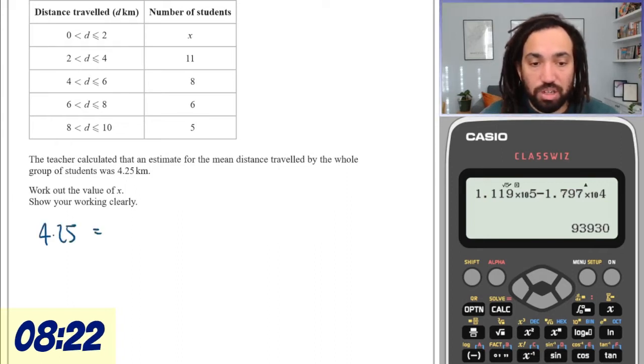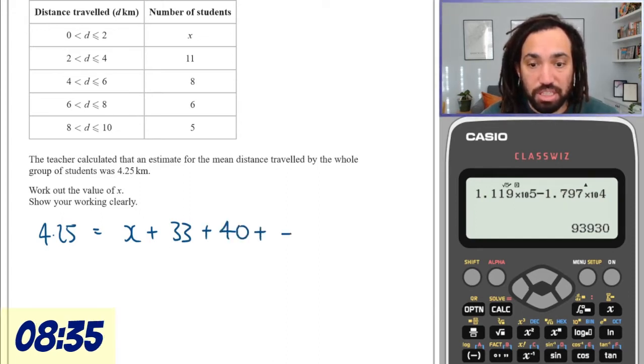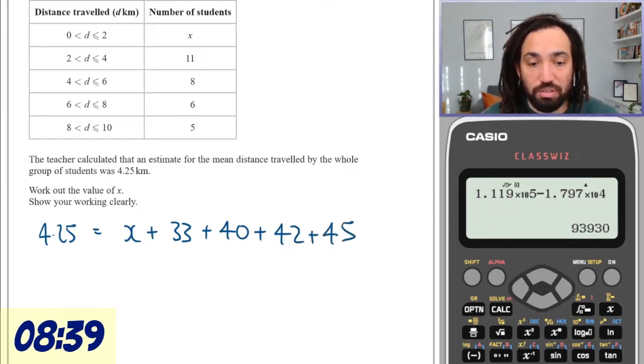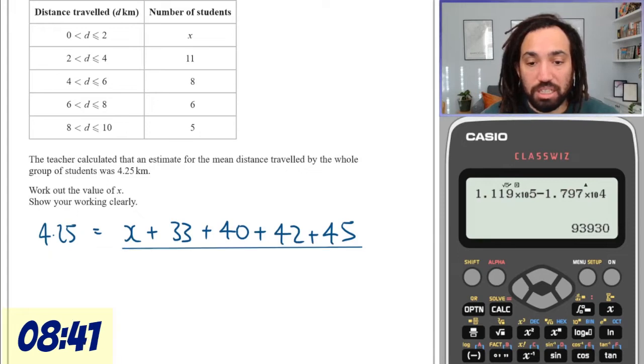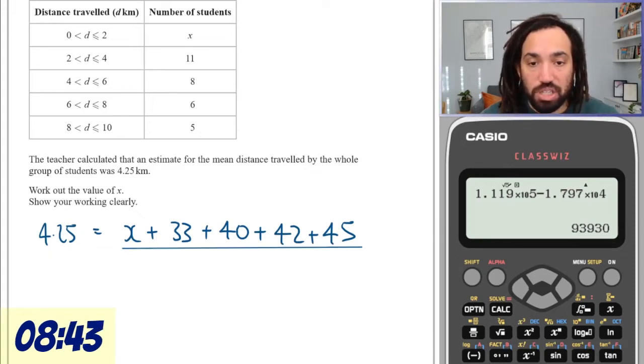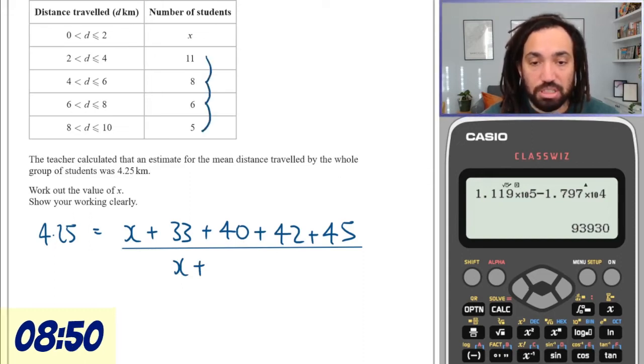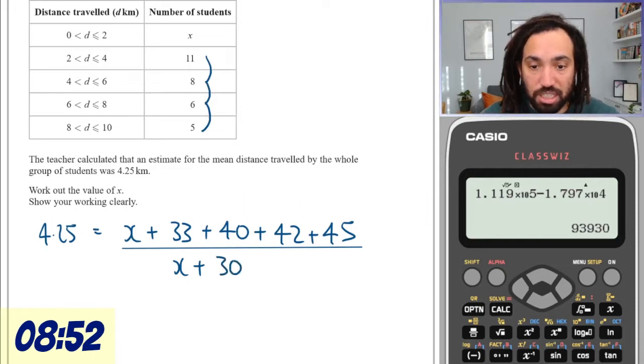So 4.25 equals the midpoint, which is 1 times x, plus 3 times 11, which is 33, plus 5 times 8 is 40, plus 7 times 6 is 42, plus 5 times 9 is 45. And that all needs to be divided by the total, which is x plus, that's 19, plus 6 is 25, plus 5 is 30.